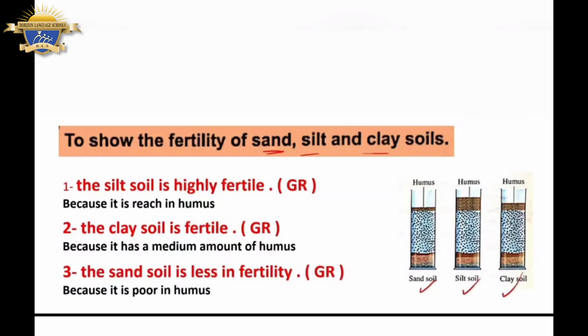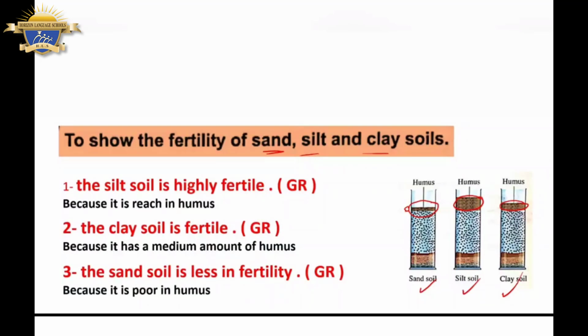Shake each cylinder strongly and then leave it to stand for 15 minutes. We can see the components of each soil in each cylinder, and we notice that the cylinders contain different amount of humus, where the humus is large in silt soil, small in sand soil, and medium in clay soil.